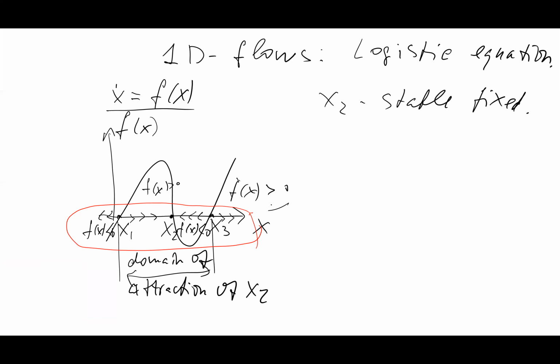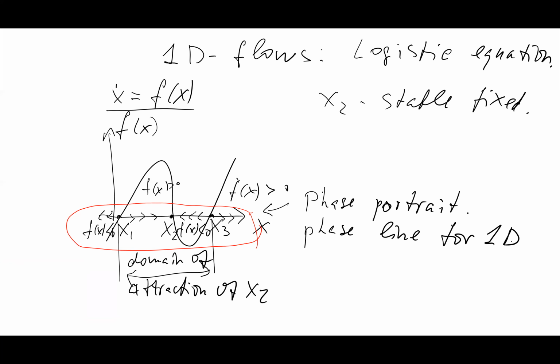Generally this is called a phase portrait. For a 1D flow it's called a phase line. Okay, and this is pretty much a summary of what we discussed before.